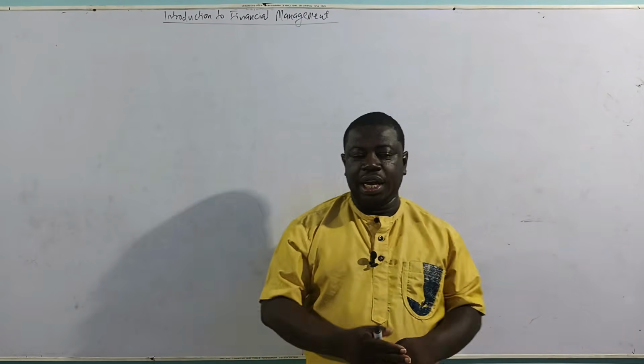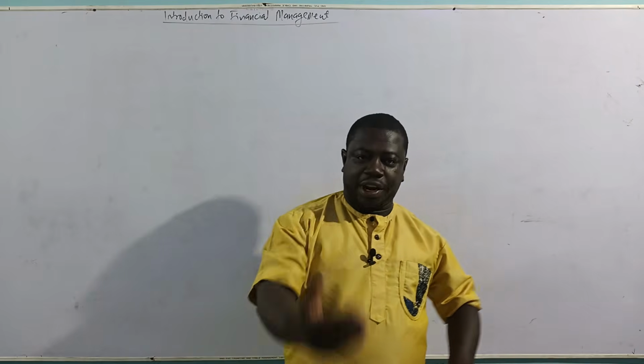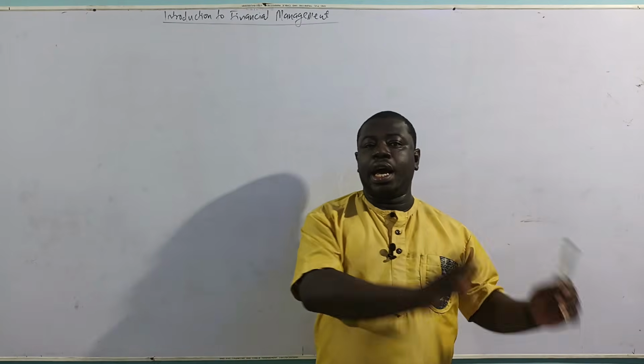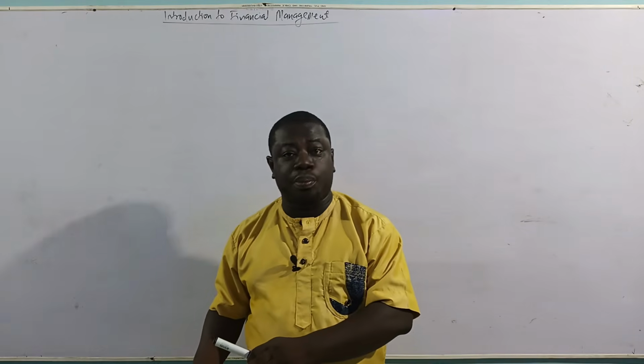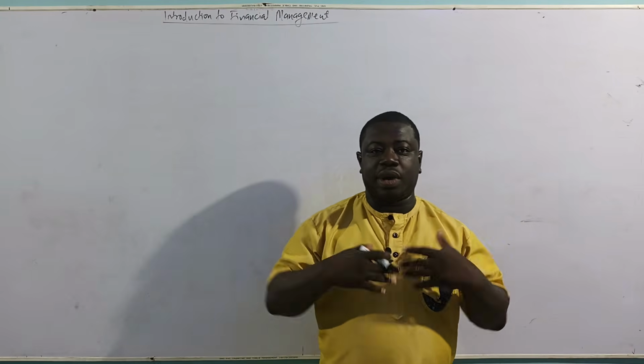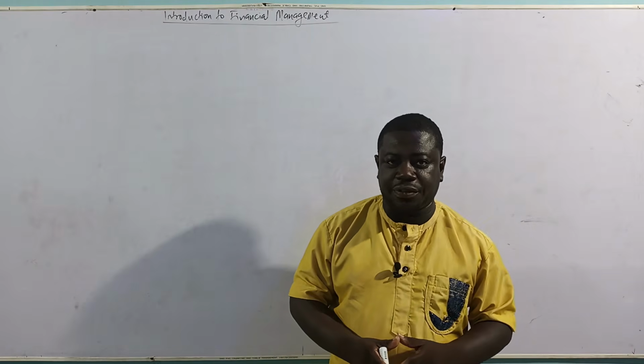As we move forward in this lesson, we'll look at the financial goals of an organization. We'll look at financial management and its relationship with corporate strategy, and that is going to help us to understand some financial objectives of an organization.